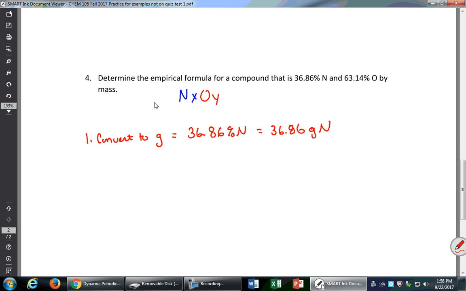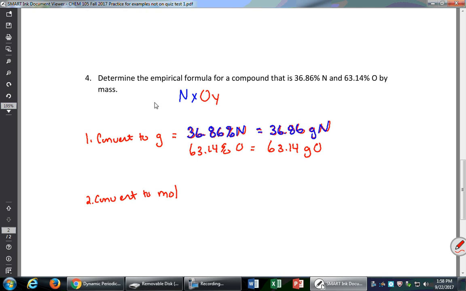We also know how much oxygen we have. So now that we know our grams, now we want to convert that to moles, because moles we can compare.